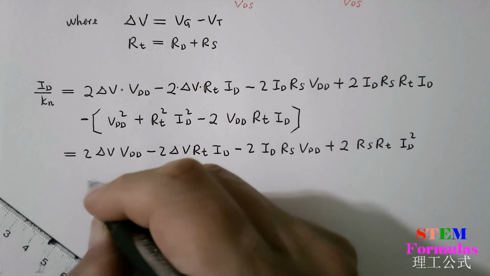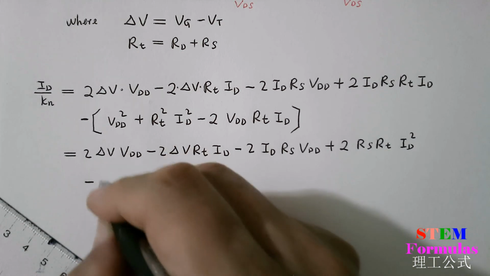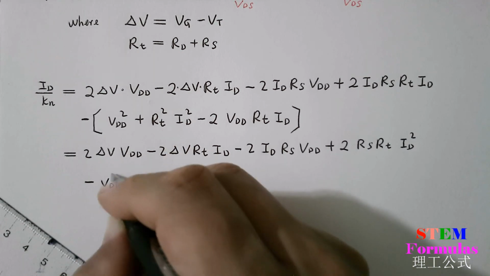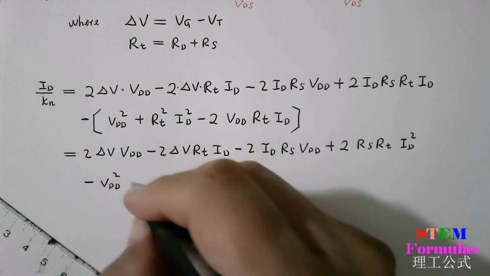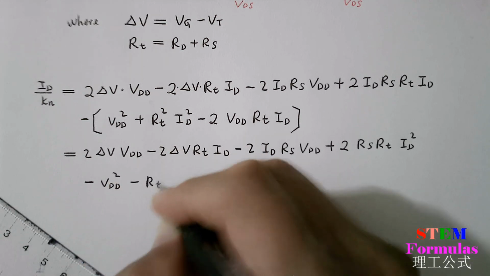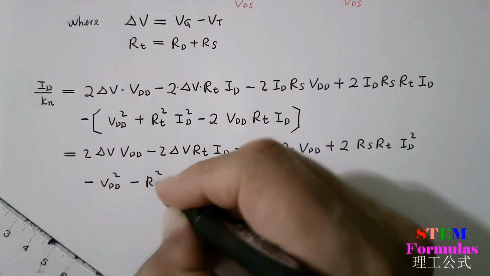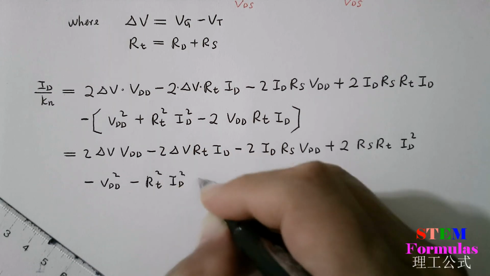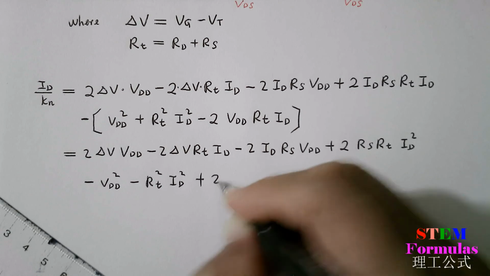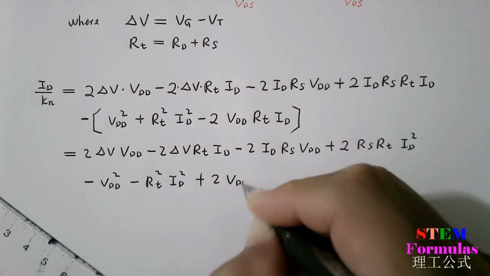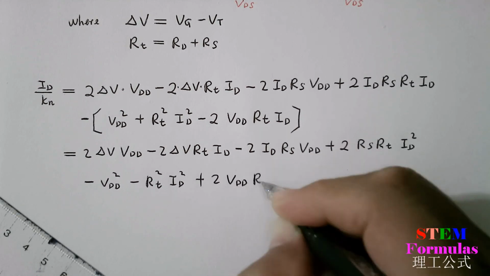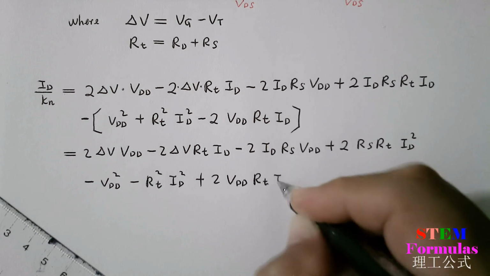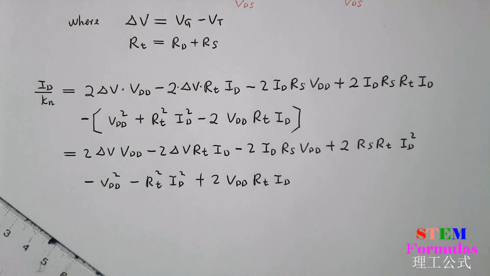Now here's minus VDD square minus RT square ID square plus 2 times VDD RT ID.